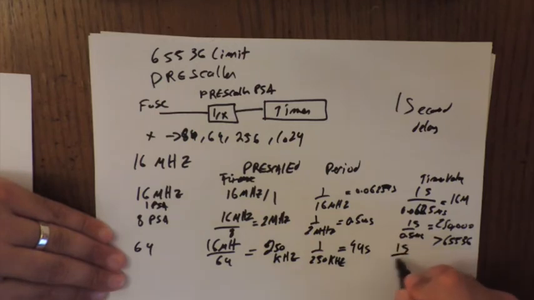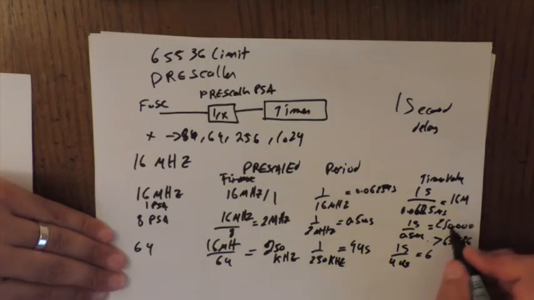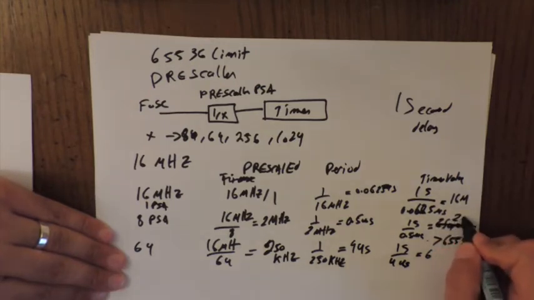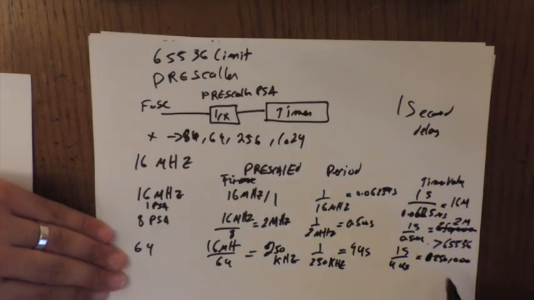In this case, 1 second over 4 microseconds will be, sorry, I made a mistake here, this is 250,000, and the earlier one is 2 million. Still greater than 65k.